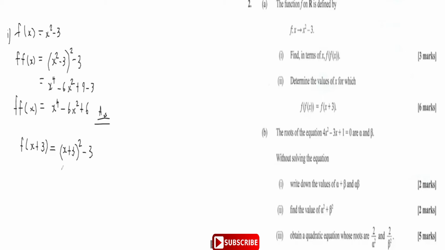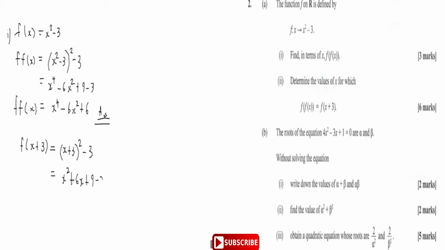All right, now let's work this out. X plus 3 all squared, subtracting 3, it is first term squared, plus twice the product of the 2, which is plus 6x, plus the second term squared, which is plus 9, minus 3.